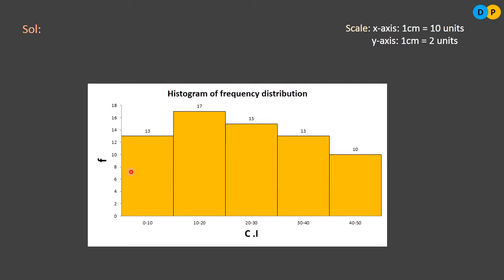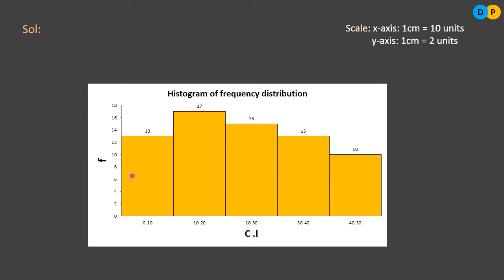What is the length of the rectangular bar? The length of each rectangular bar is directly proportional to the frequency. For example, for the first class interval, 0 to 10, the frequency is 13, so the height corresponding to 13 will be the height of the first bar.